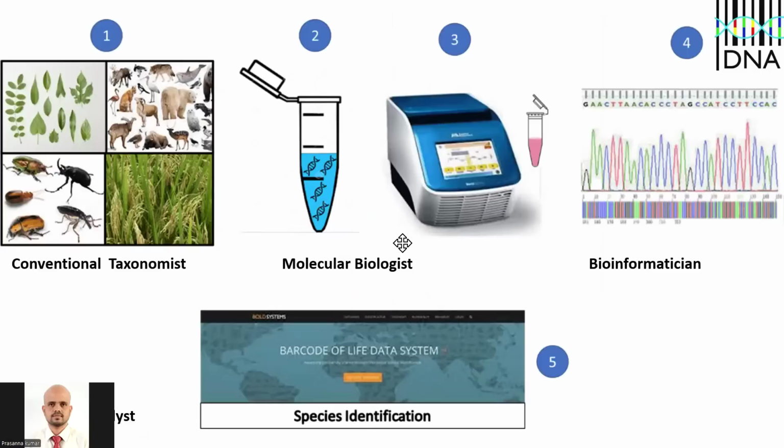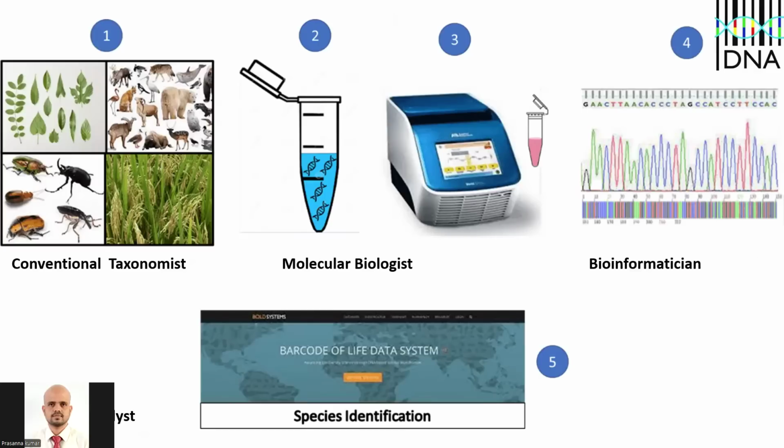So, like I said, DNA barcoding is a multi-skill-level task. You need to be a taxonomic expert to identify the specimen. You need molecular biology skills to extract the DNA, run the PCR, and go for sequencing. You need to be a bioinformatician to analyze the machine output file, merge the forward and reverse sequences, take out the refined sequences, go for BLAST analysis, and go for pairwise distance data building or phylogenetic analysis to confirm the species identity.